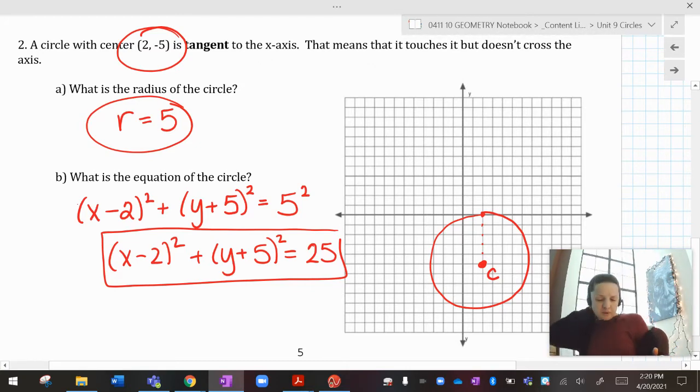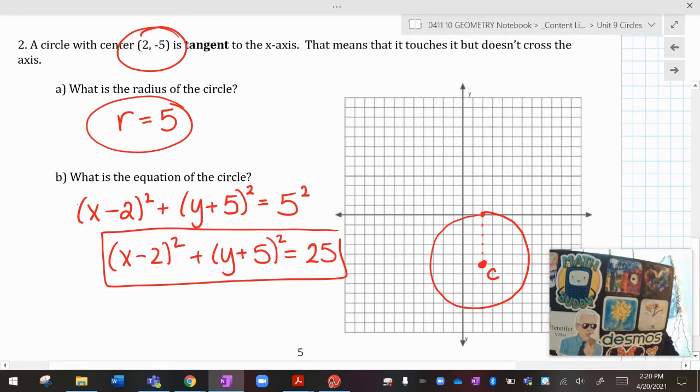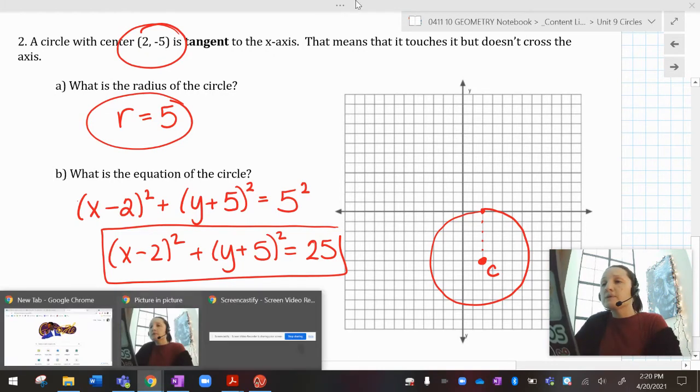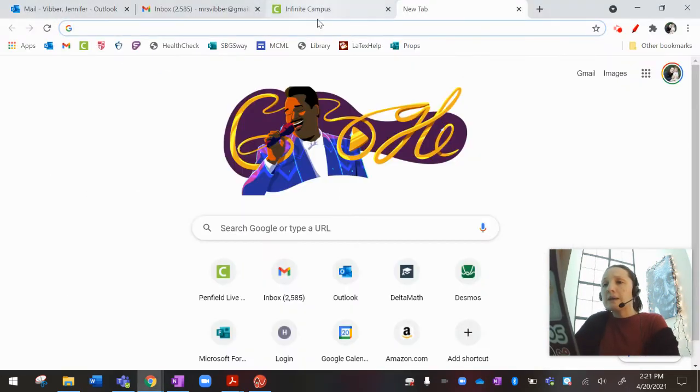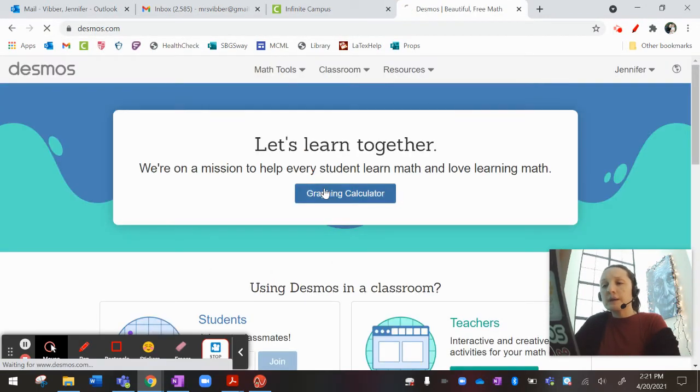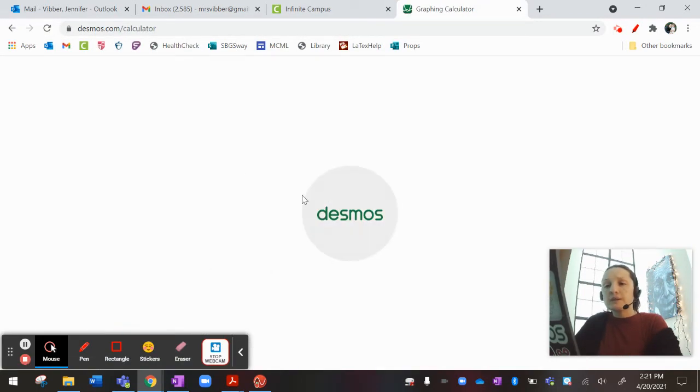Now, if you're thinking, well, Mrs. Weber, how do you know for sure? Here's how I know for sure. I can pull this up in Desmos. The Desmos graphing calculator can graph circles.